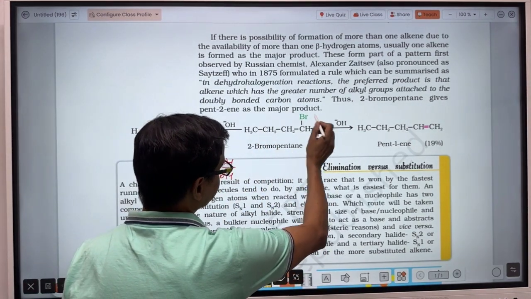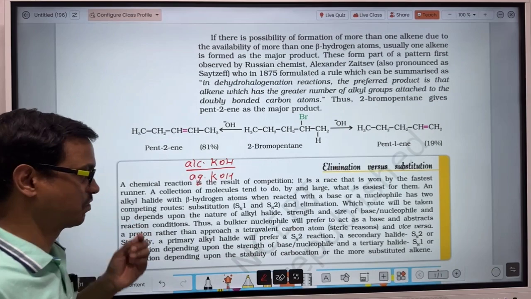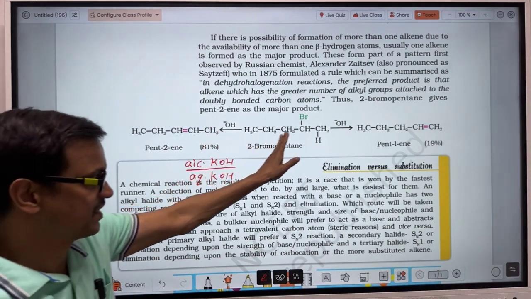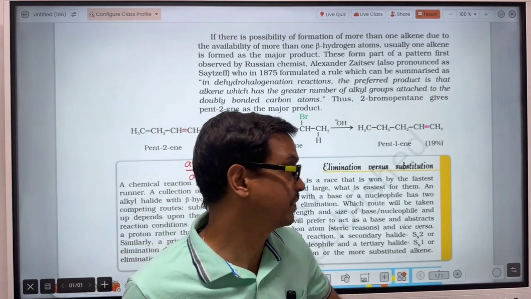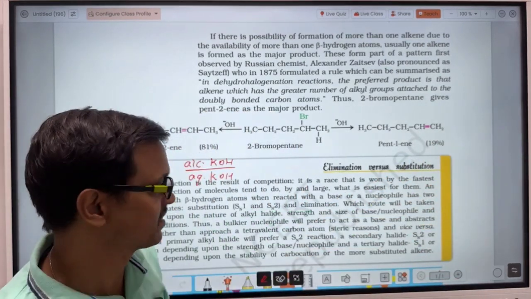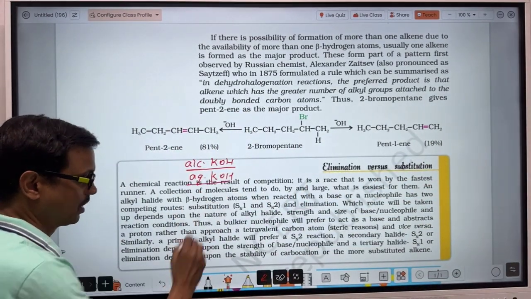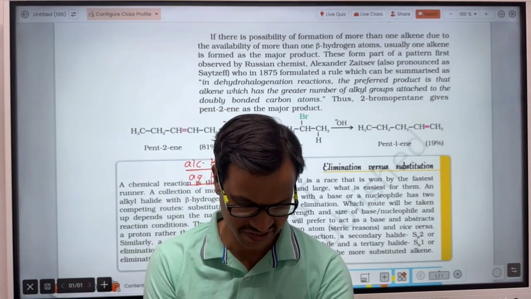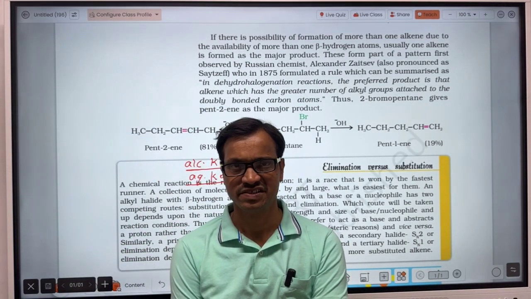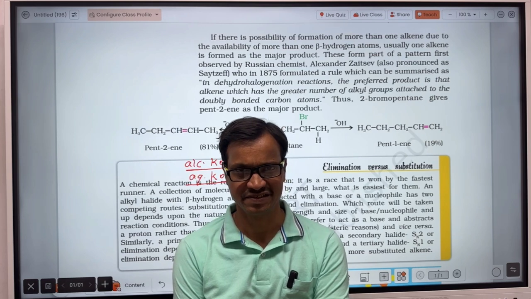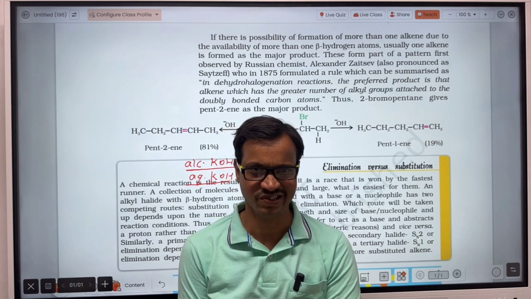When alcohol is taken as the solvent, the elimination reaction takes place and the product is an alkene, as we will discuss. You have seen in nucleophilic substitution that when haloalkane was treated with aqueous KOH, alcohol was formed.